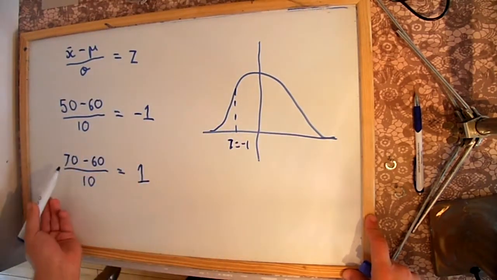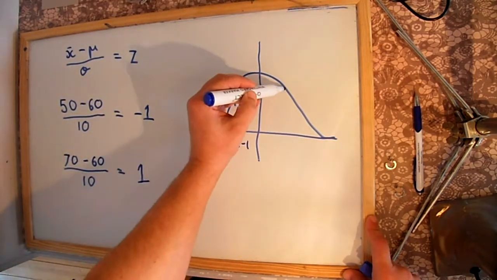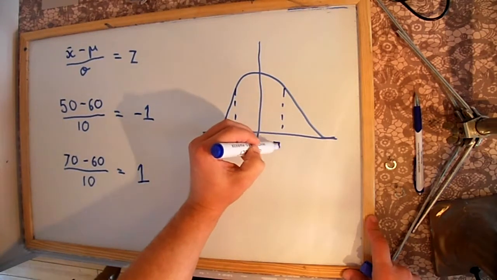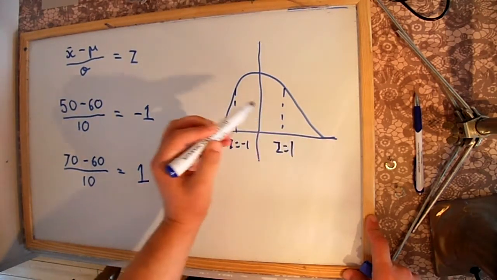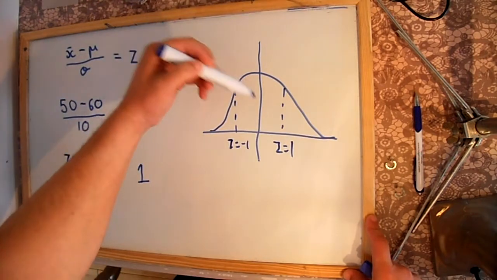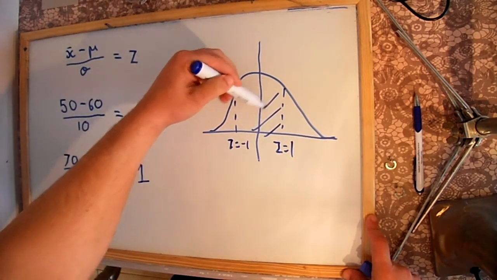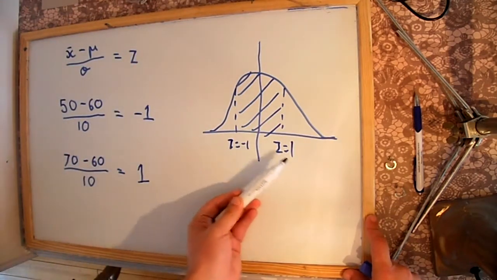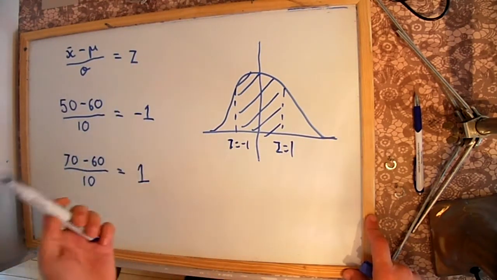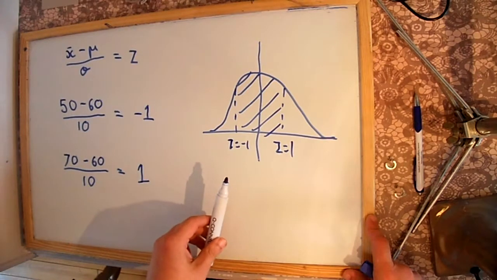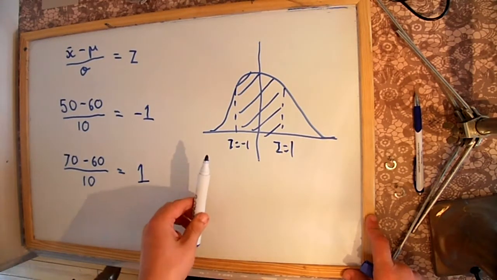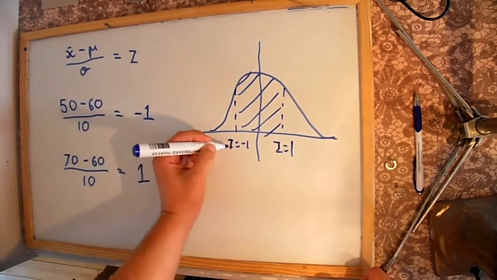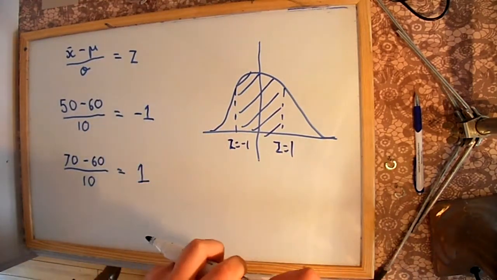And when we plug in 70, we get 1 here on the z table. So the probability that we have to find is going to be between -1 and 1. So you're going to want to get your log tables out. You can find them online and find the corresponding probability values.